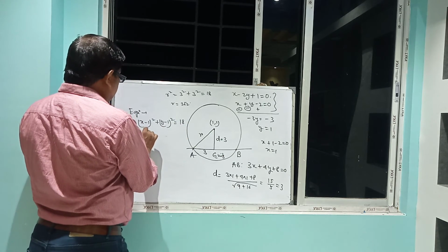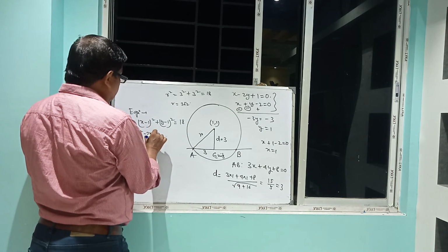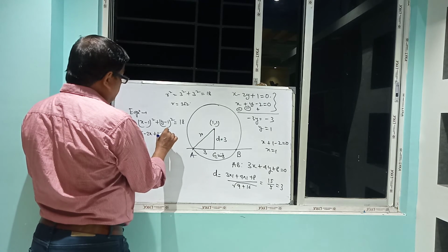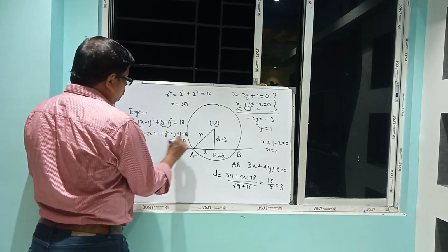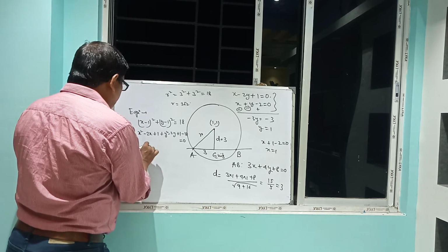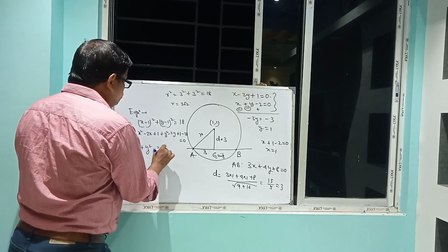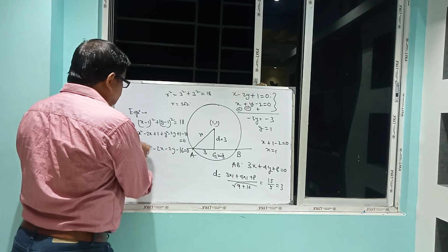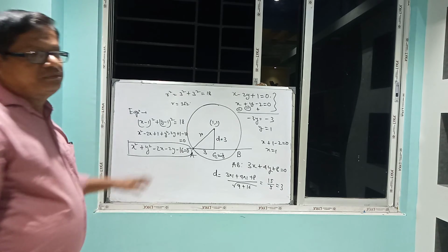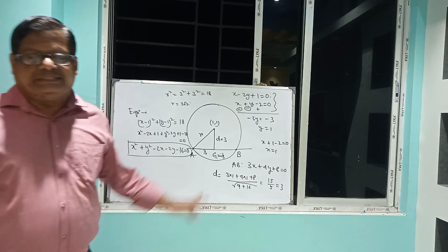So x square minus 2x plus 1 plus y square minus 2y plus 1 minus 18 equal to 0. So write x square plus y square minus 2x minus 2y minus 16 equal to 0. This is the equation of the circle.